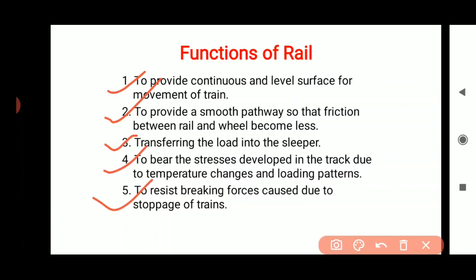Thermal stresses means that due to temperature change there is expansion and contraction of the rails, which creates a stress within the rails. So these are some functions of rail, the roles of rail in a railway track.